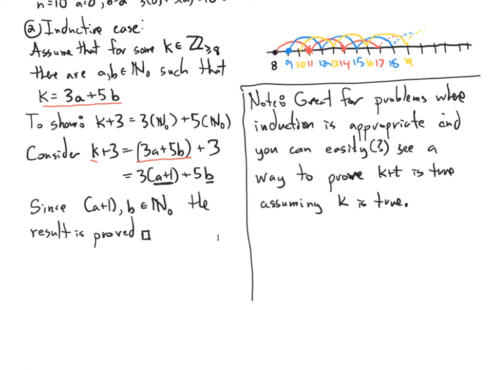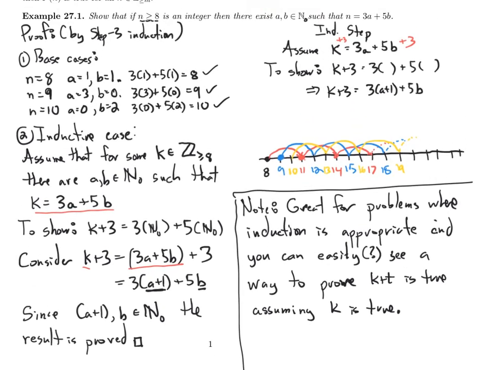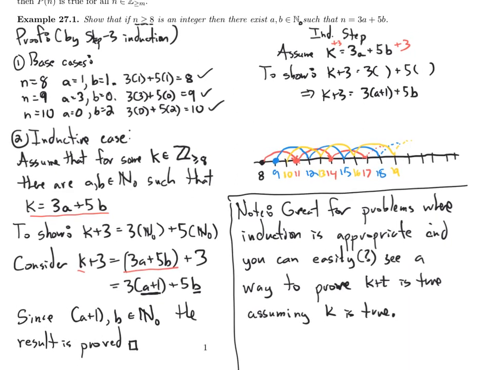And again, let me talk about how I would note that this is an appropriate technique for the problem above. Looking at this example, I know that I have multiples of 3 and multiples of 5.